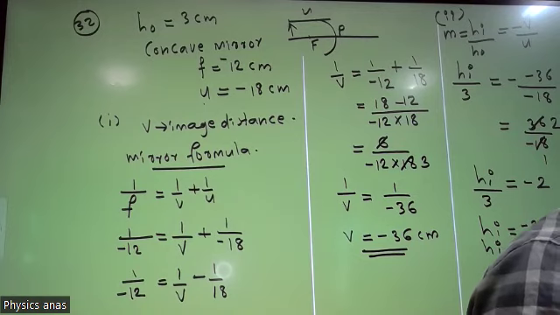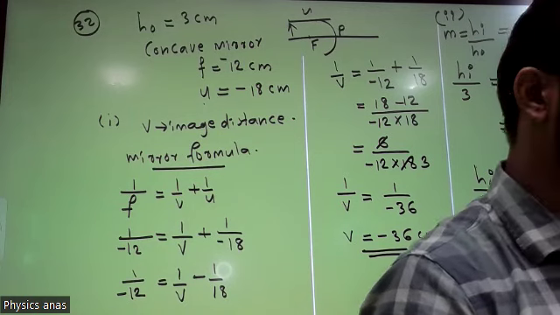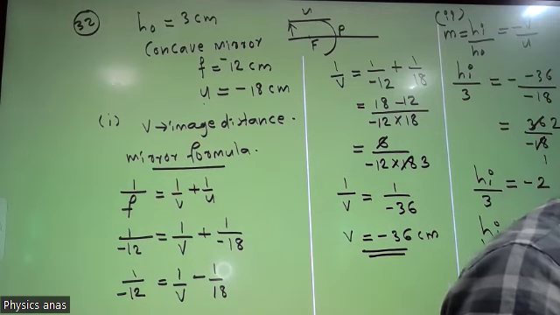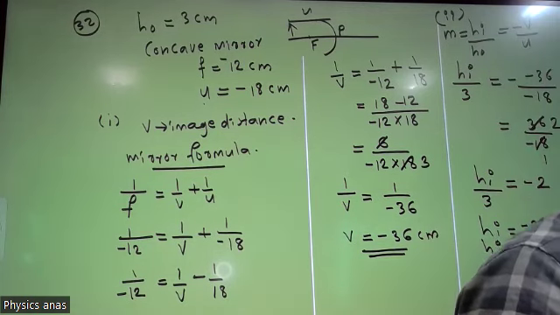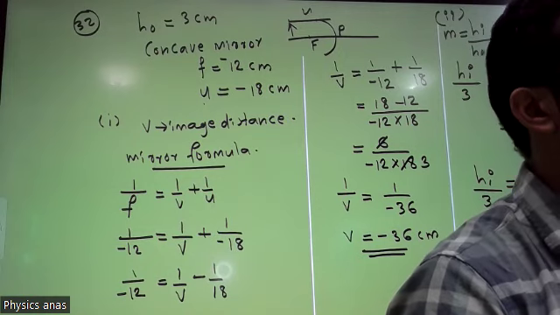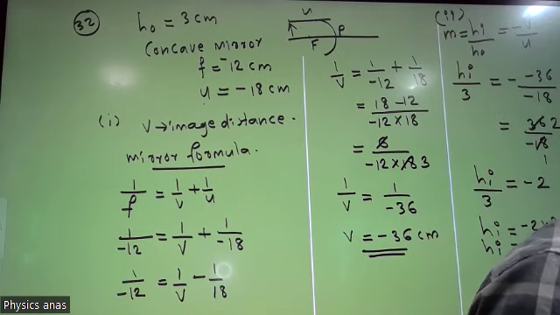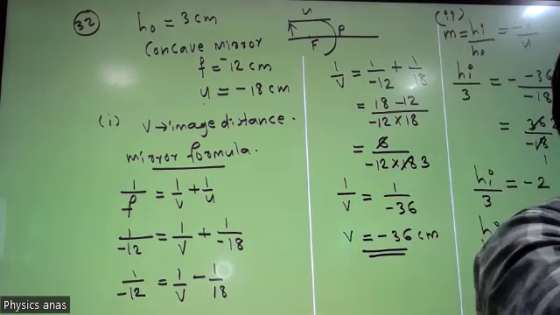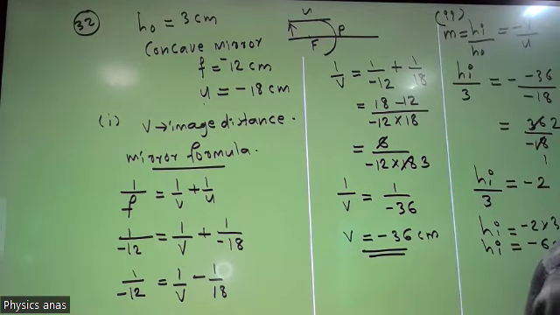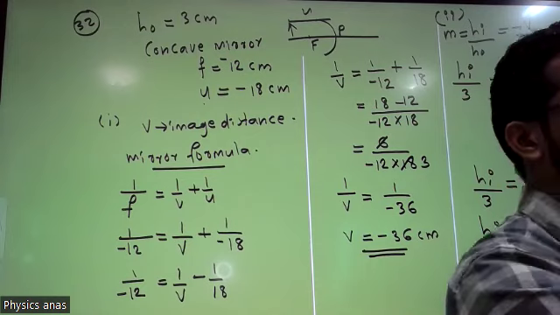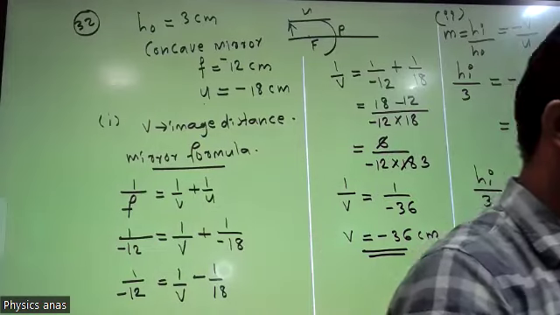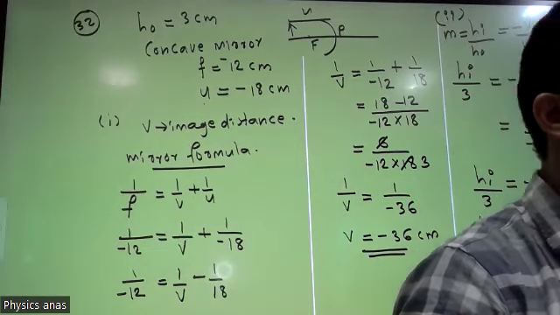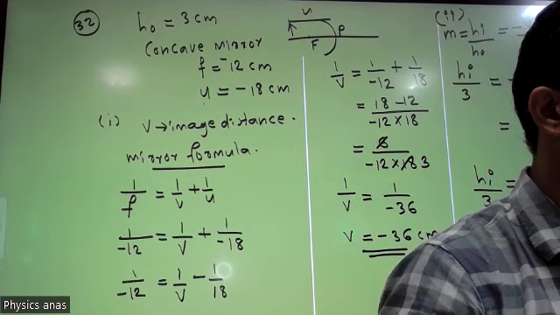What happens to that light ray? It gets reflected in the same path. You can draw it. That is not going to be a problem.